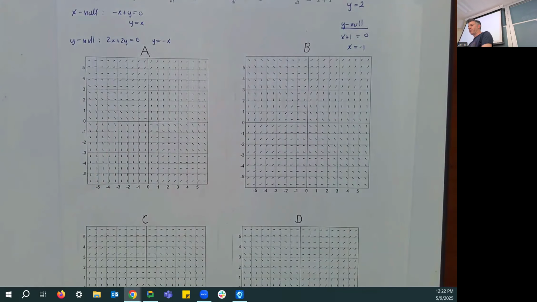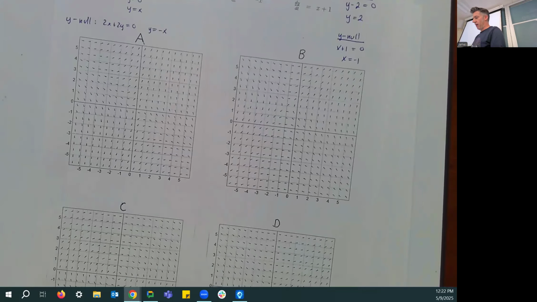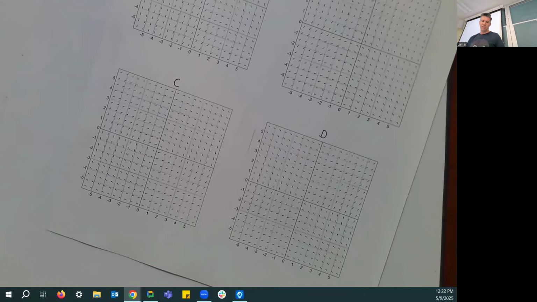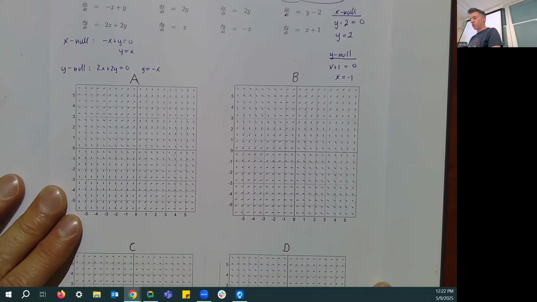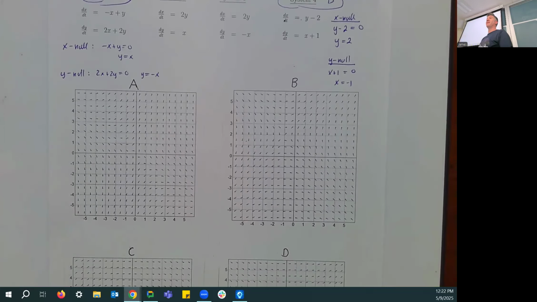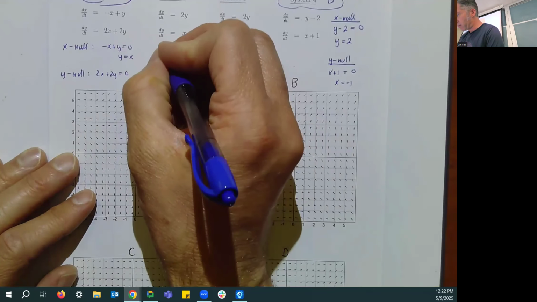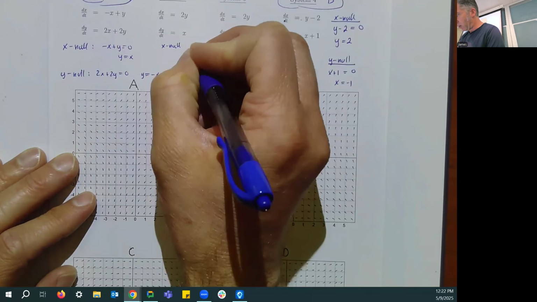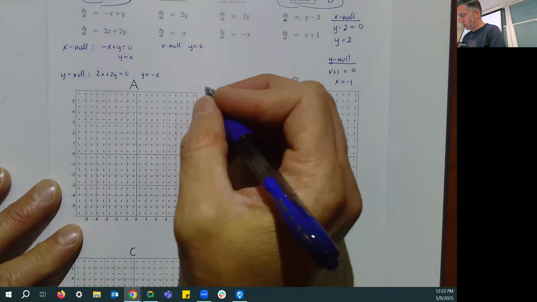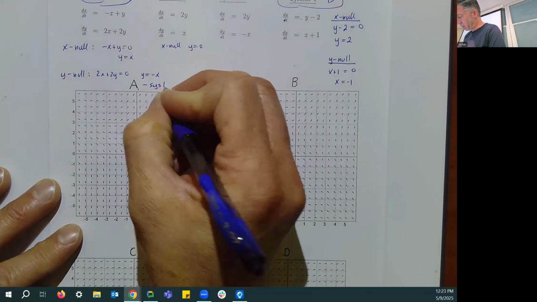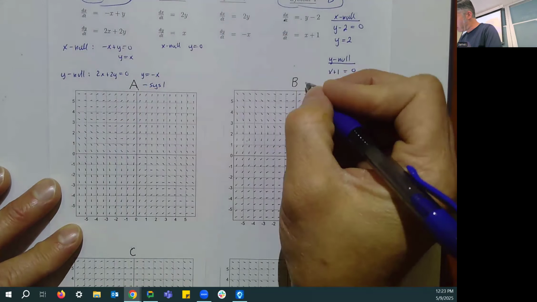All right, so now the last two, which I didn't do this on purpose, but it's not a bad idea to see this last thing here. For the last two, both of them have the same null clines. The x null cline is going to be the line y equals 0, which is the x-axis. And we've already said that A was system 1 and B was system 4.